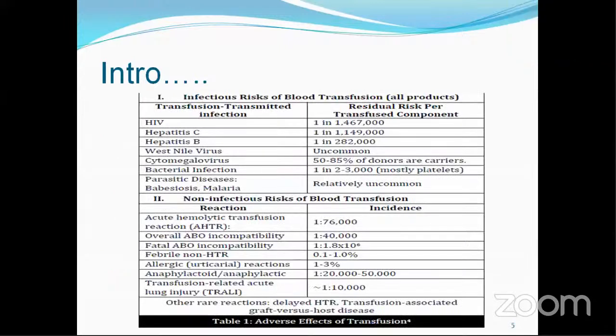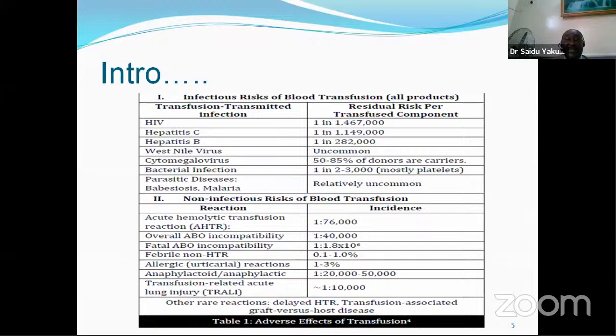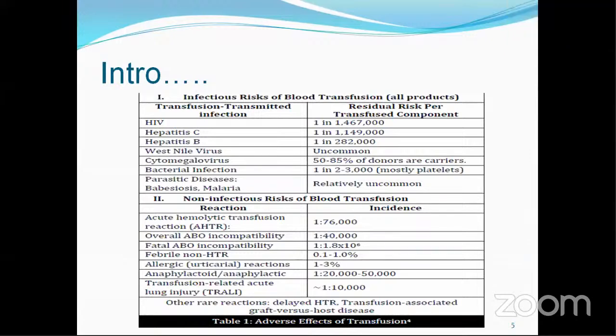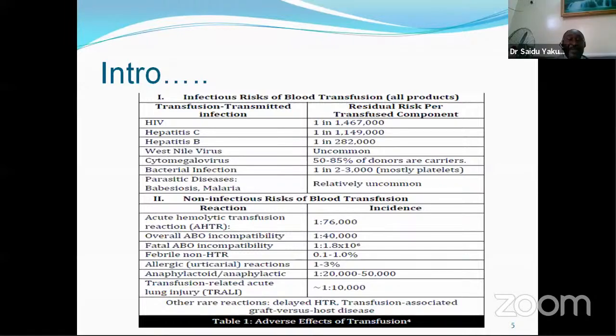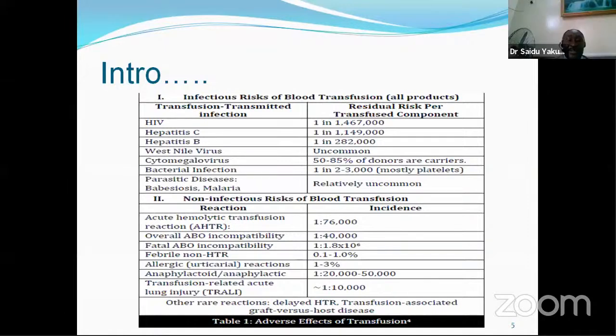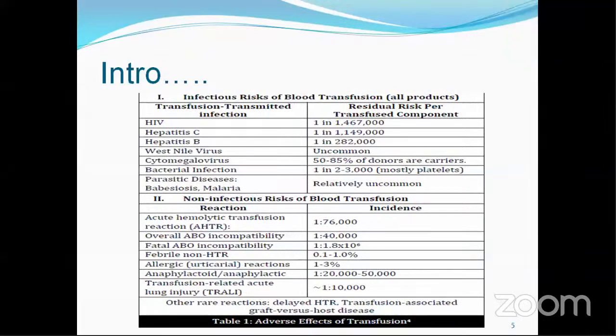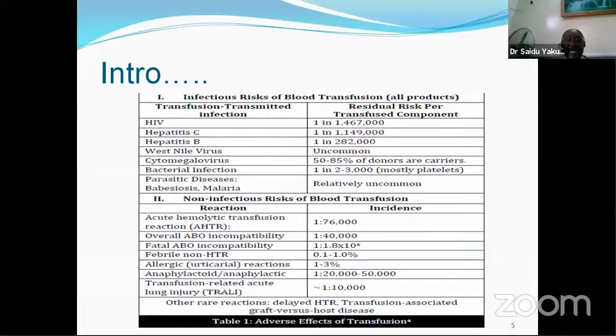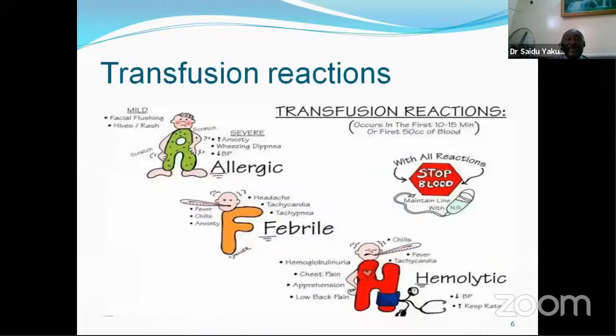This is a table showing some of the adverse events associated with blood transfusion: the transmission of infections such as HIV, hepatitis B virus, hepatitis C virus, bacterial infection, and parasitic infections such as malaria. Then also there are transfusion reactions such as acute hemolytic transfusion reaction, ABO incompatibility, allergic reactions, and transfusion-related acute lung injury.